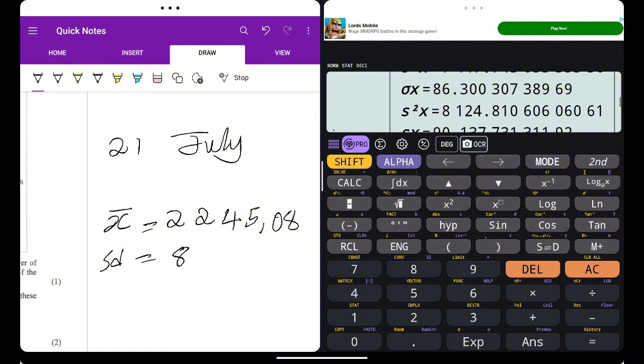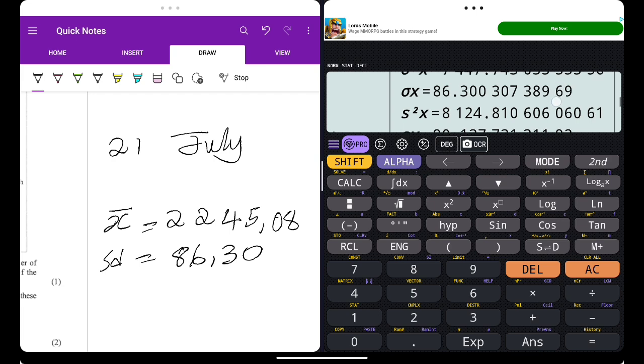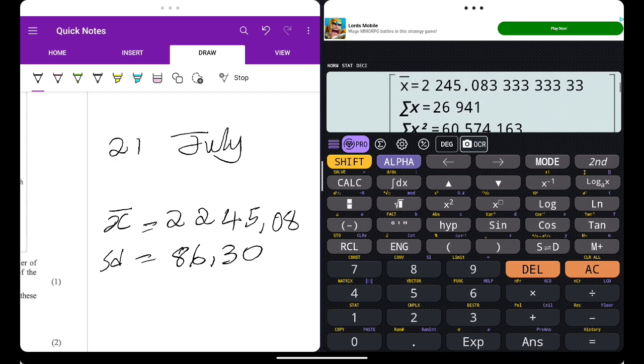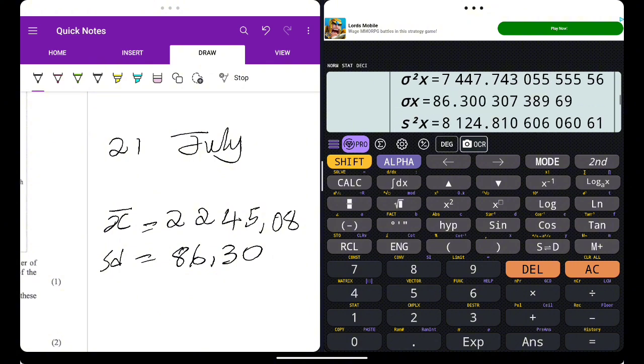So analyze your calculators properly. This X with a bar is the mean, and the QX is the standard deviation. So it's 86.30.